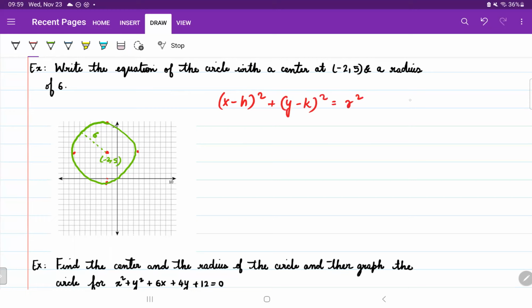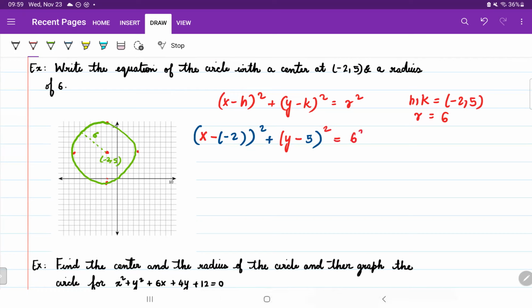So we are given our h, comma k is minus 2, comma 5 and our radius is 6. So h is minus 2. So wherever we see an h, we put minus 2. That's whole square. Plus we have y minus k, which is 5. And then we do whole square equals r, which is 6.